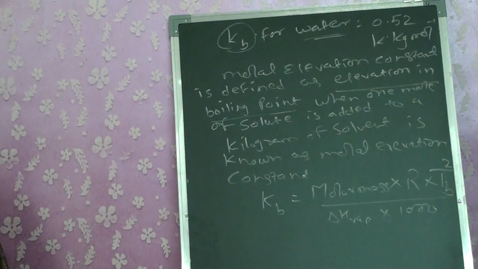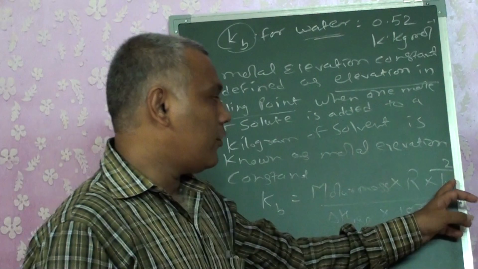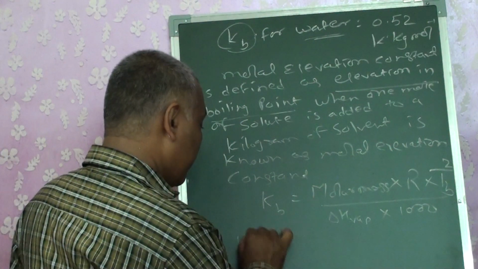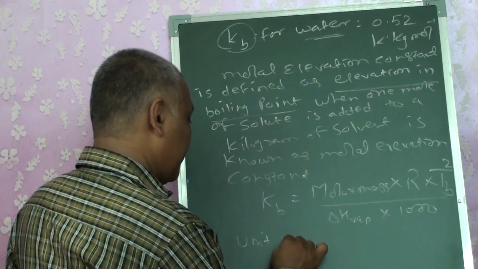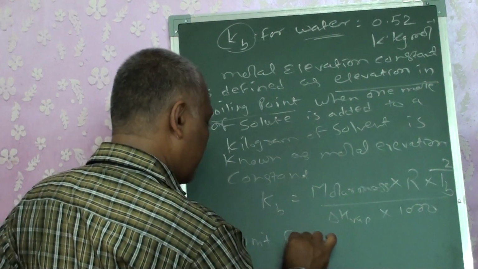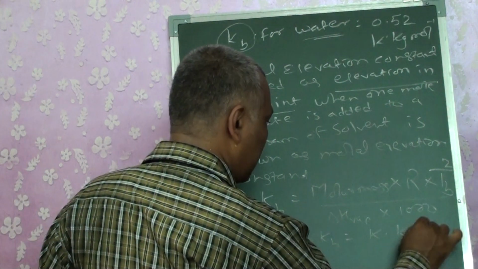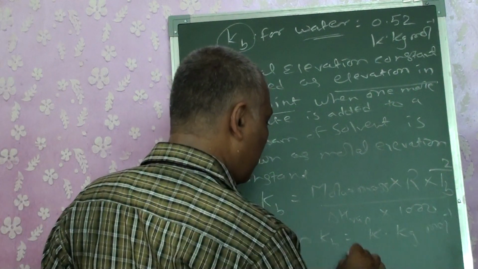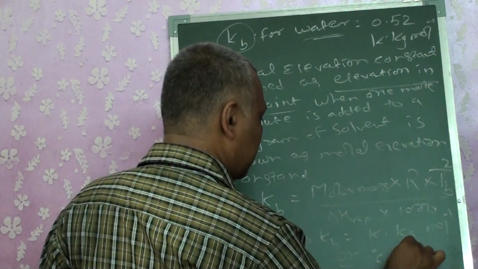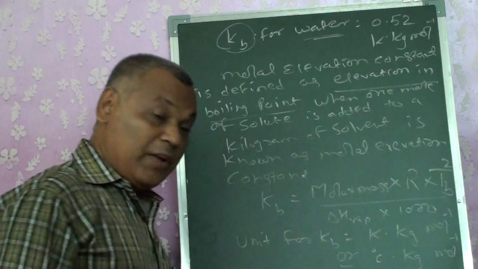The unit used for Kb is kg per mole, or it can also be written as degree Celsius kg per mole.